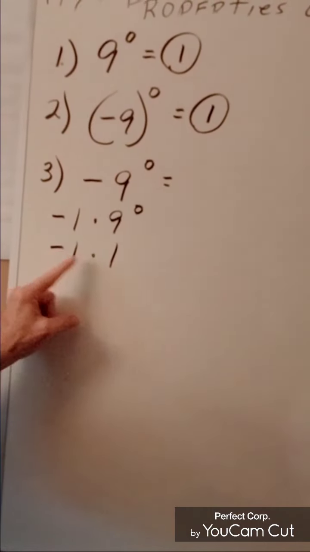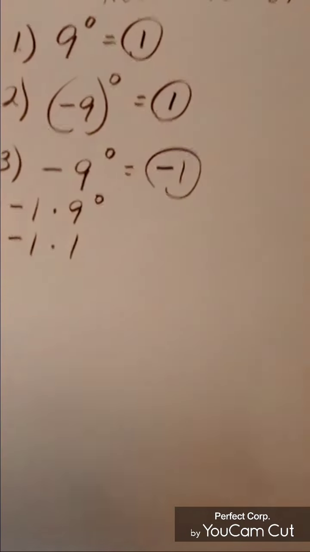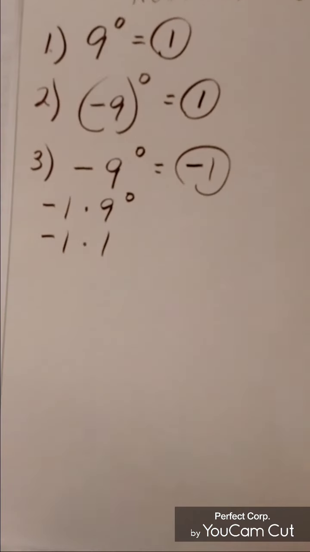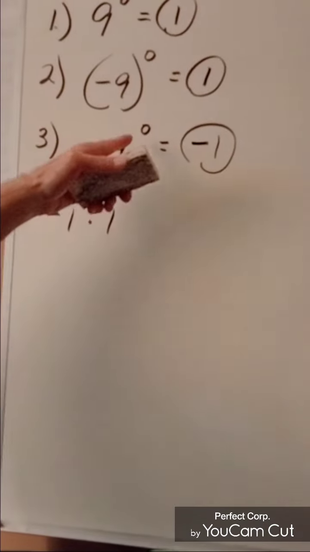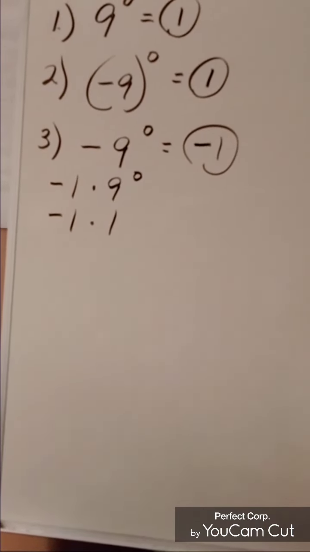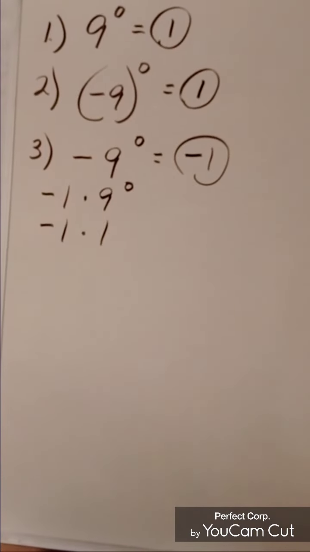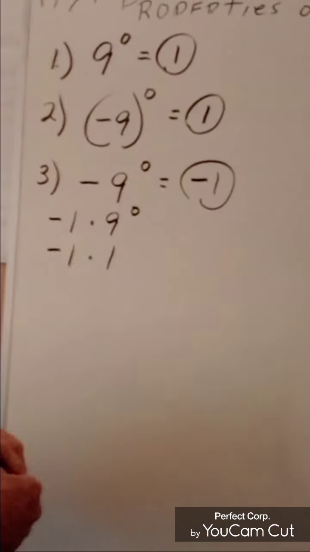And -1 times +1, -1 would be the final answer for that. So one of the reasons for putting problem number 3 up there is, just because you see an exponent of 0, that doesn't necessarily mean that your answer is going to be 1. In this case, it was -1. Let's go to a fourth.